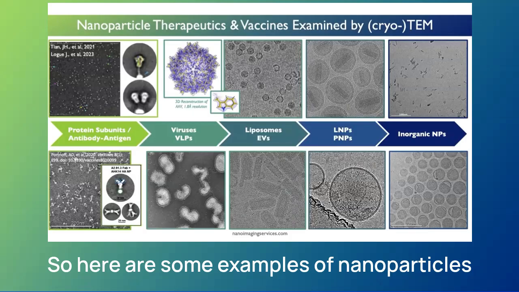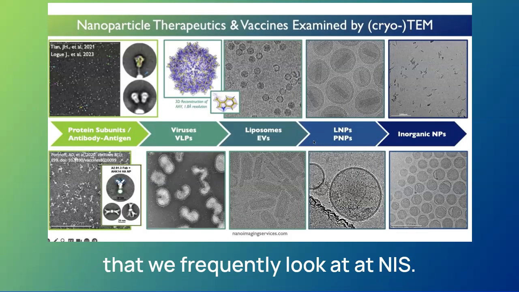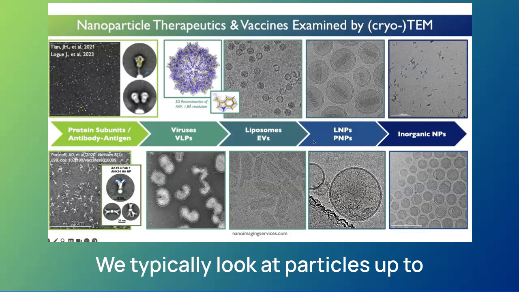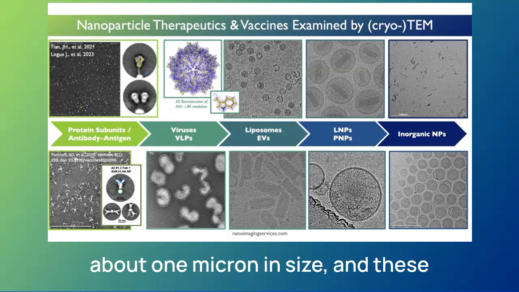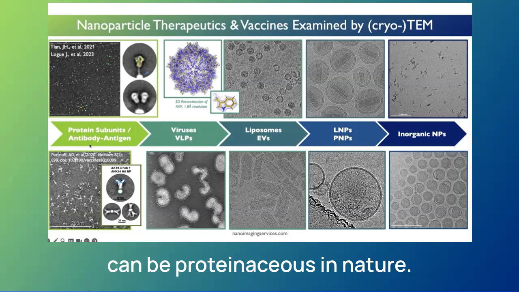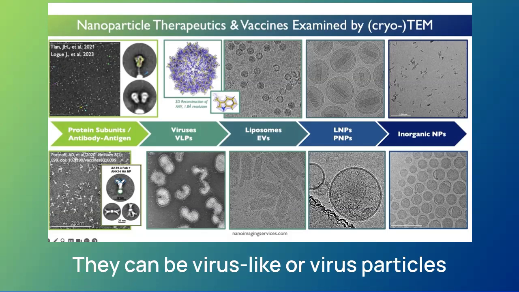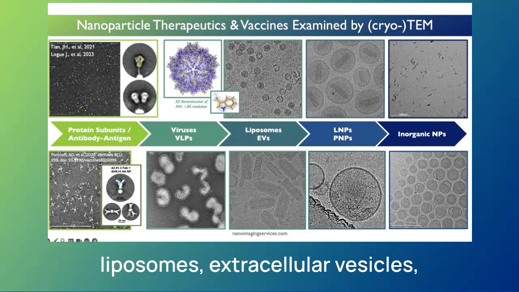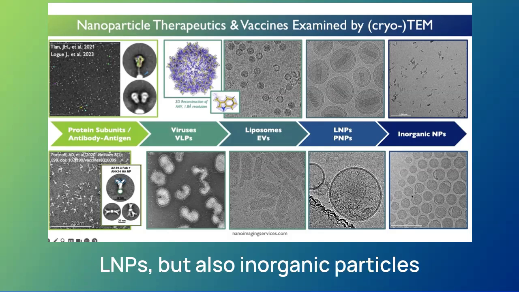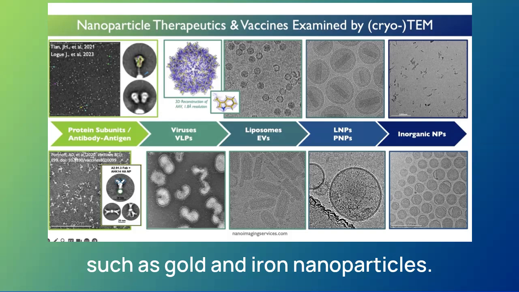So here are some examples of nanoparticles that we frequently look at NIS. We typically look at particles up to about 1 micron in size, and these can be proteinaceous in nature. They can be virus-like or virus particles, liposomes, extracellular vesicles, LNPs, but also inorganic particles such as gold and iron nanoparticles.